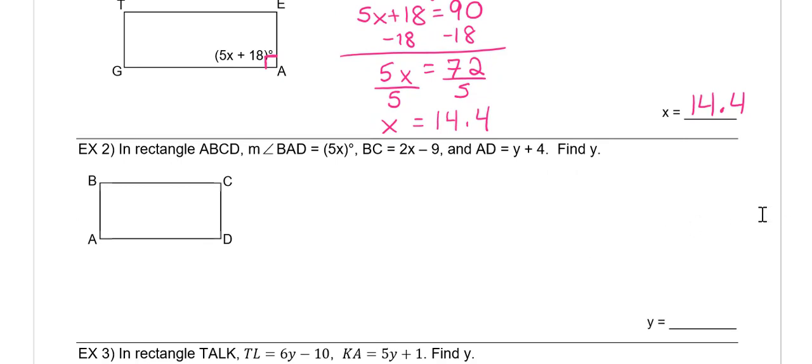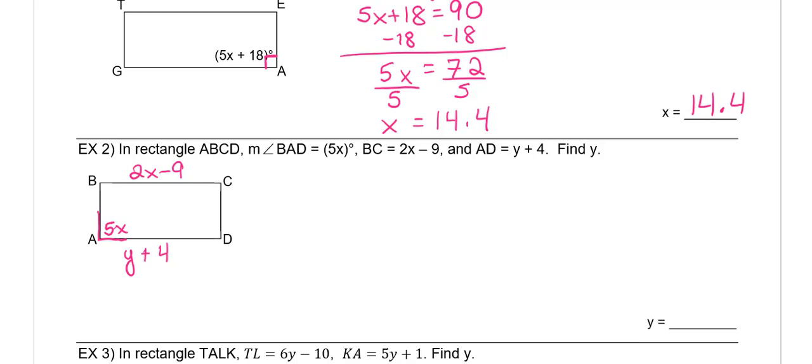In example number 2, again, we have a rectangle ABCD, and in this one, we're given the measure of angle BAD is 5x, so that's this angle down here, and segment BC is 2x minus 9, and segment AD is y plus 4. So we can look at 2 different properties here.